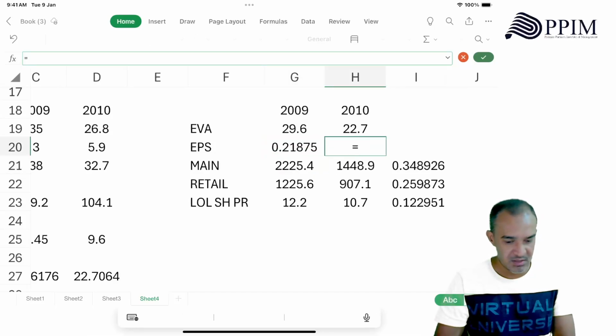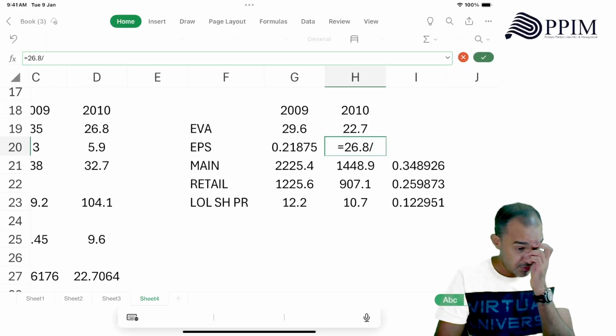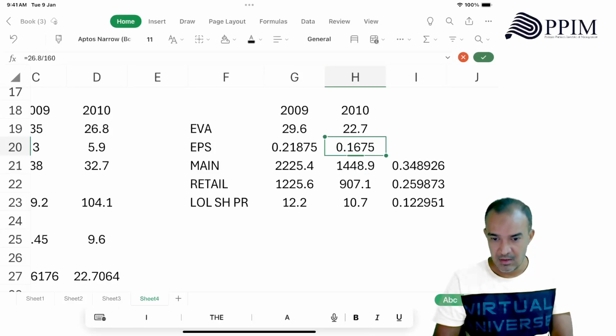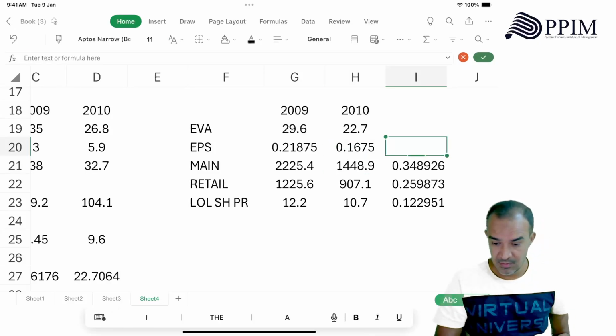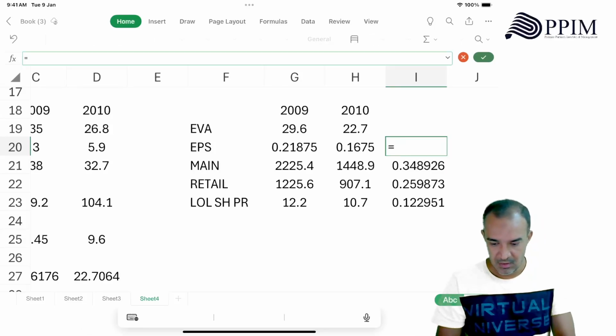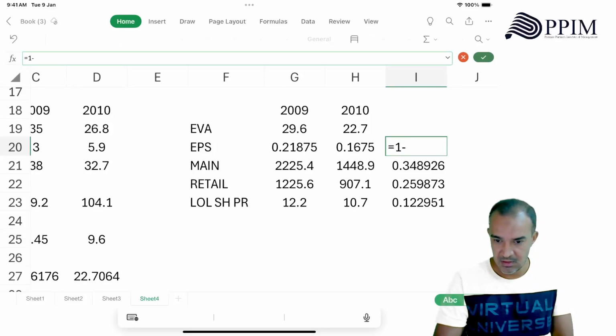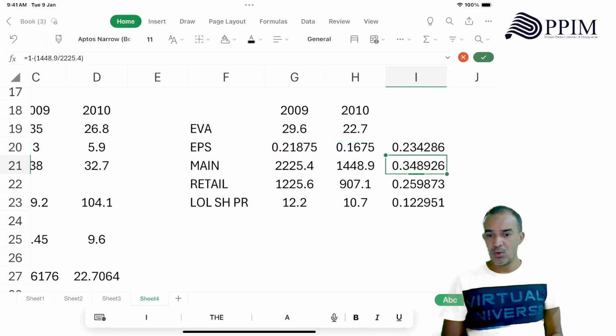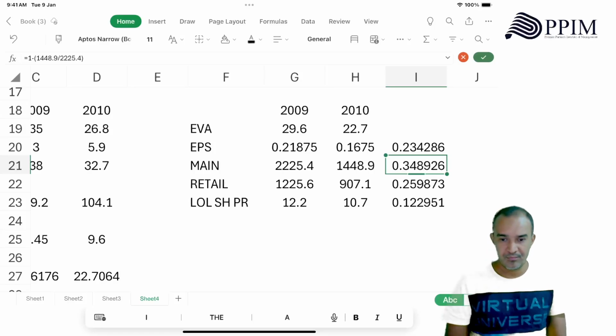Then 26.8 divided by 160. And change, 1 minus, 23.4.